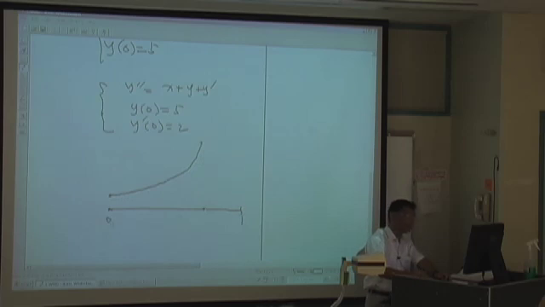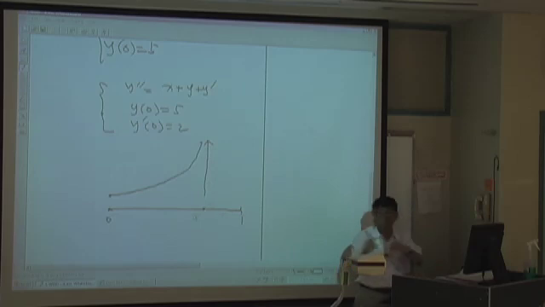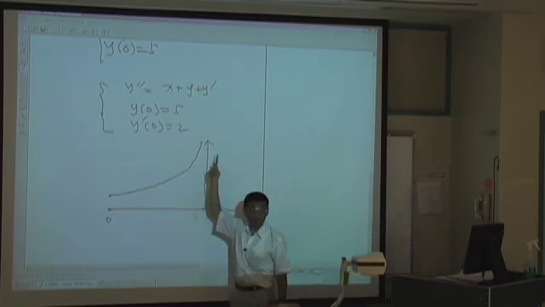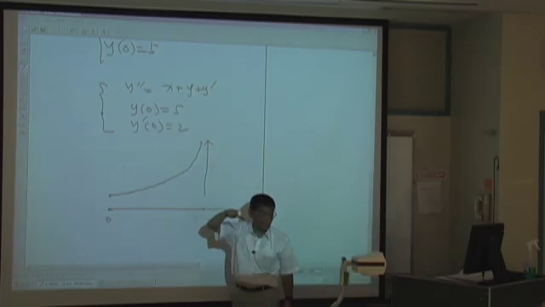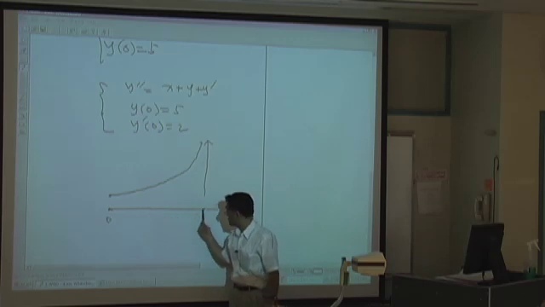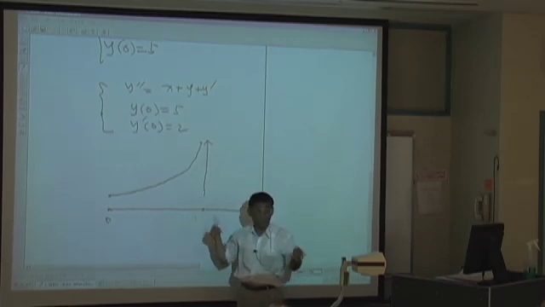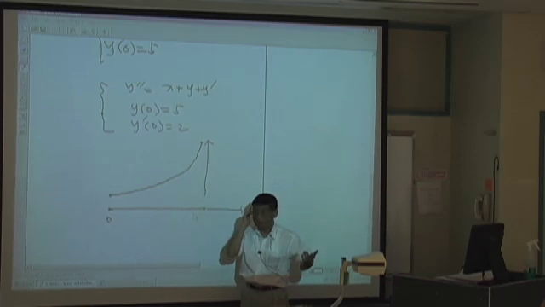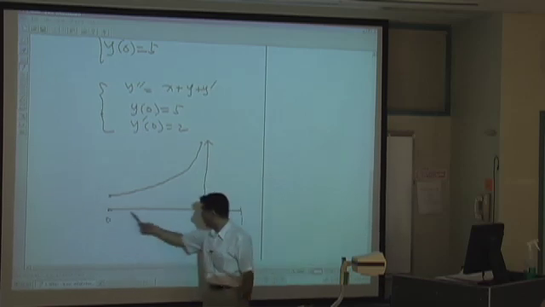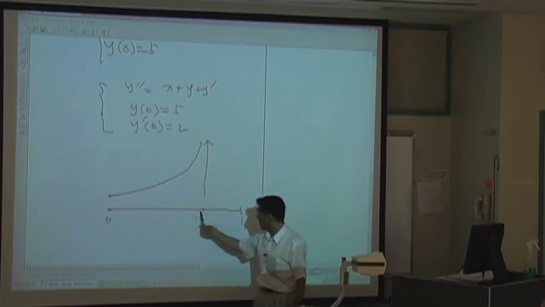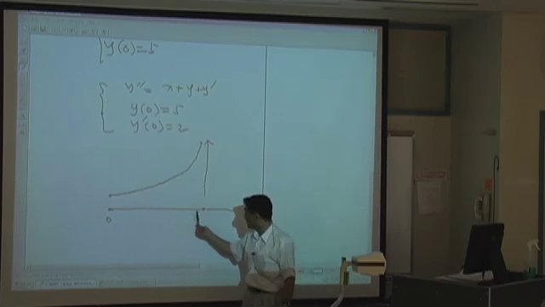We want to find the solution from 0 to 1, but sometimes the function blows up before it reaches the destination. Then your solution should stop before this singular point, right? Do you follow me? So when you solve differential equations, you should not go all the way to the end. You may stop when the value blows up.